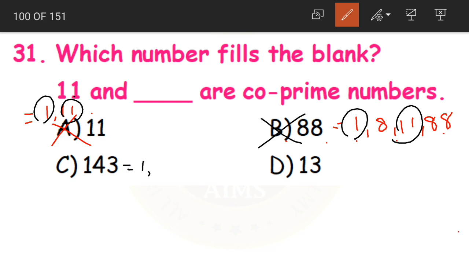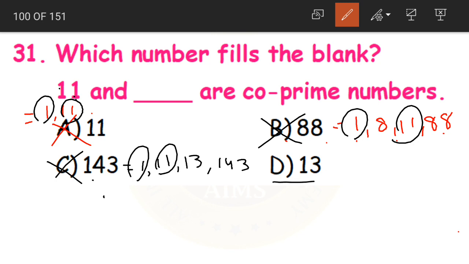Now coming to 143, the factors are 1, 11, 13 and 143. Again, 11 and 143 share two common factors, that are 1 and 11. So 11 and 143 cannot be co-prime numbers.